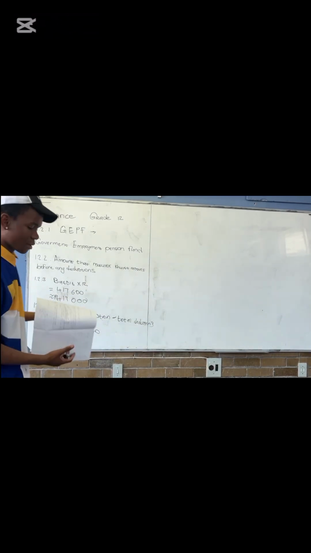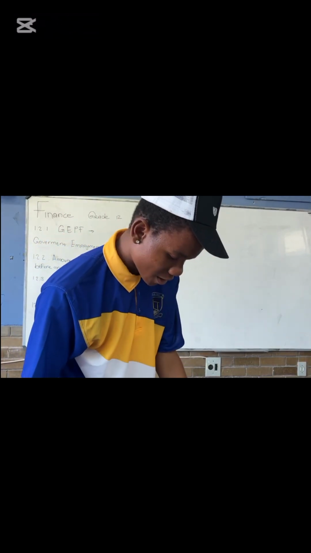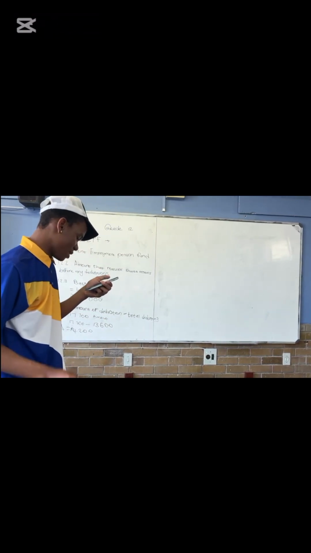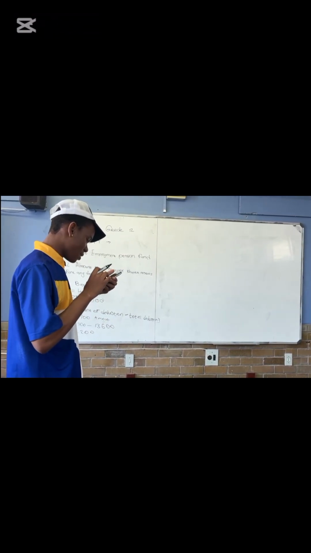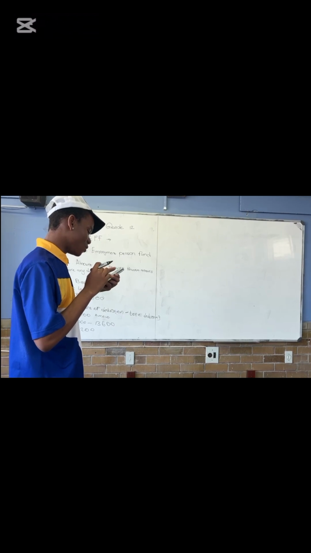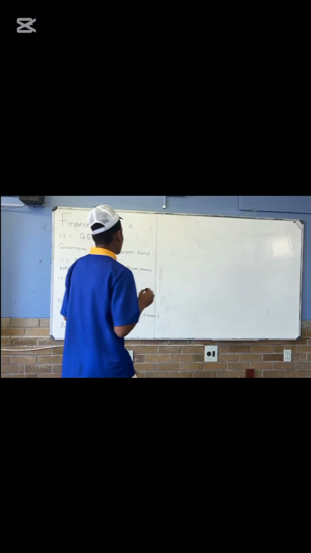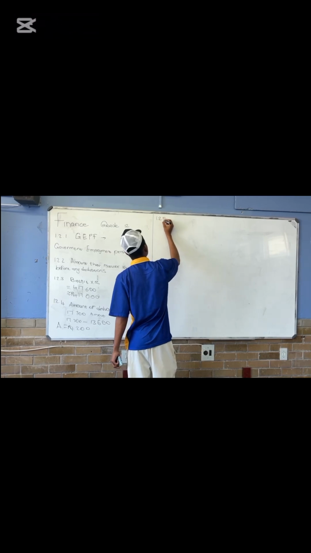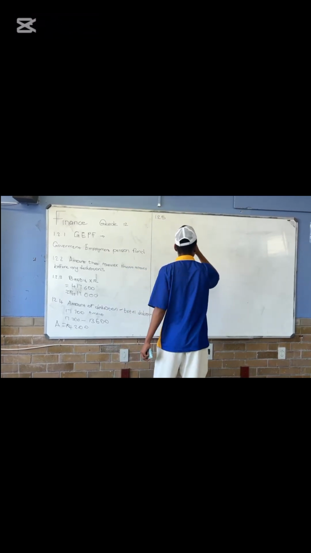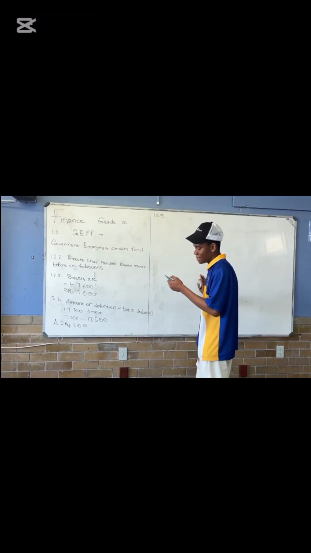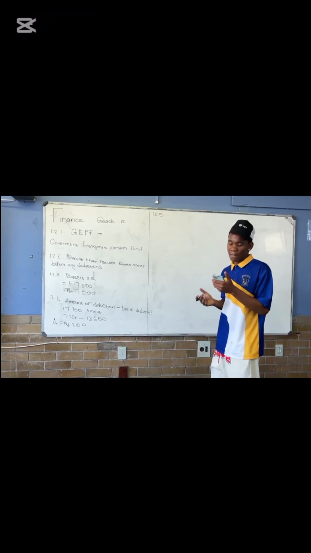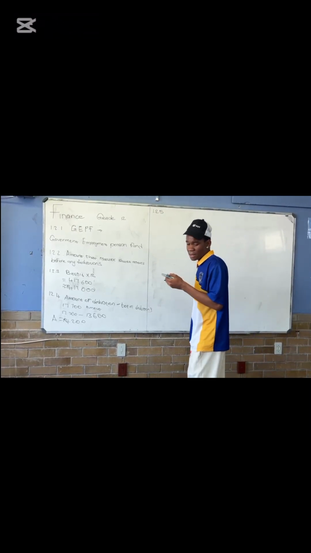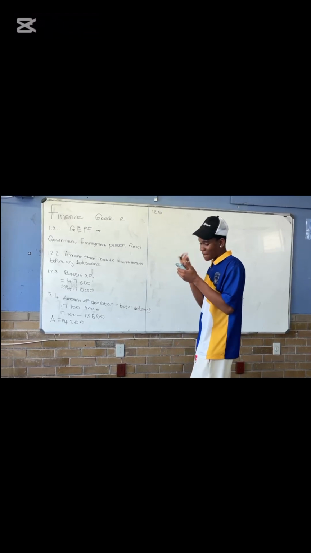As we move to 1.2.5, it says express the GEPF amount as a percentage. This is very important. Take note, this always comes up. You have to take the GEPF amount over the basic salary.